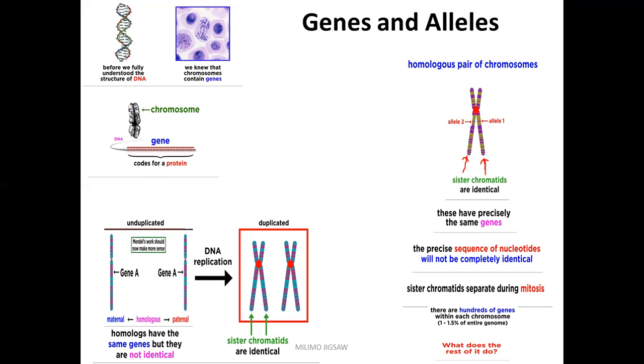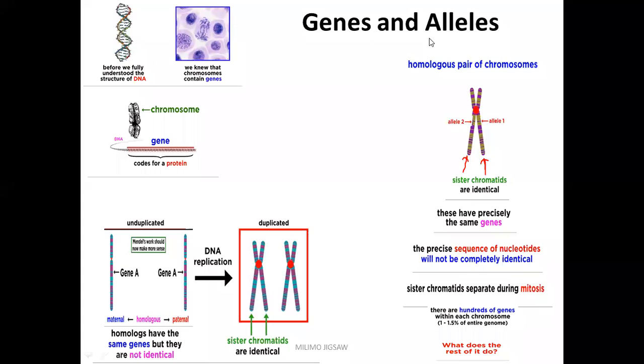So we have genes and alleles. Here it's showing a homologous pair of chromosomes. When we talk about homologous chromosomes, this is simply a pair of chromosomes that contain the same gene sequence, each derived from one parent.